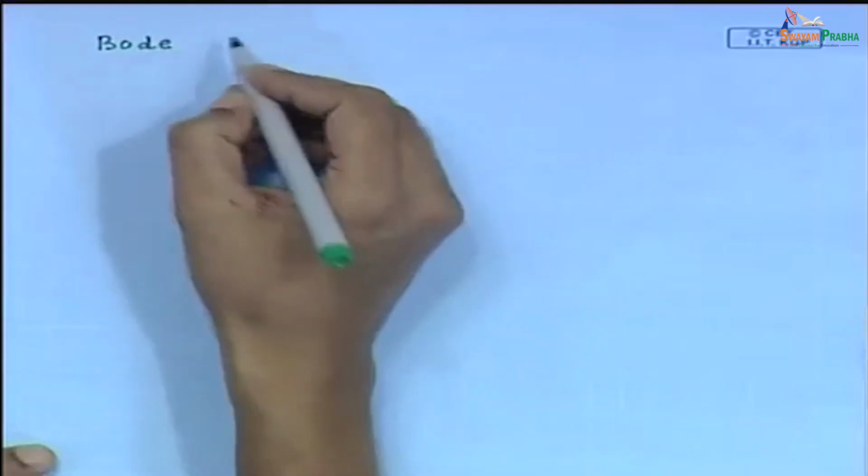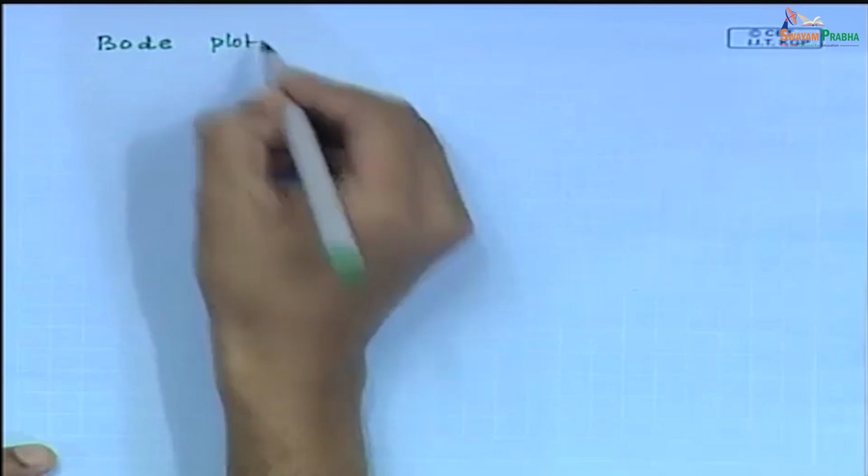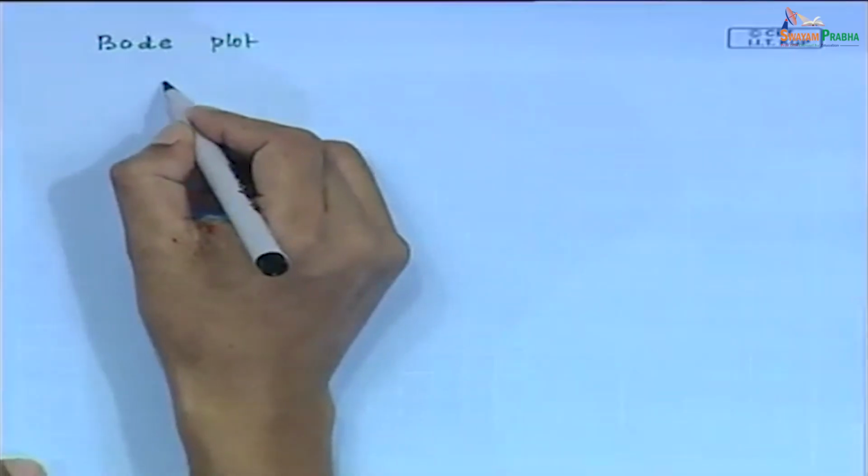Fine. So, in the next we will discuss the Bode plot. First we will discuss the Bode plot, then we will discuss the Nyquist plot. Then these two plots will be used for stability analysis. So, the Bode plot is a graphical representation of amplitude ratio and phi.